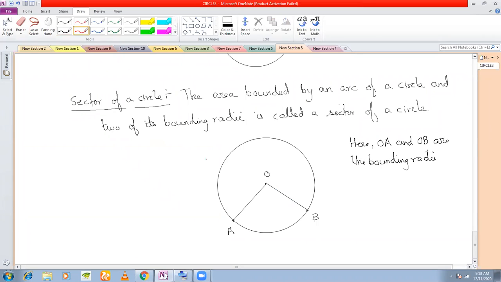So what should be the sector? This part becomes your minor sector, because this area is enclosed by this arc AB and the bounding radii OA and OB. So this becomes your minor sector.